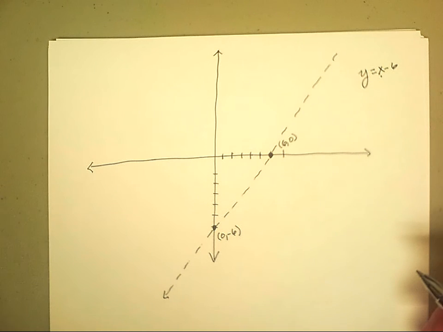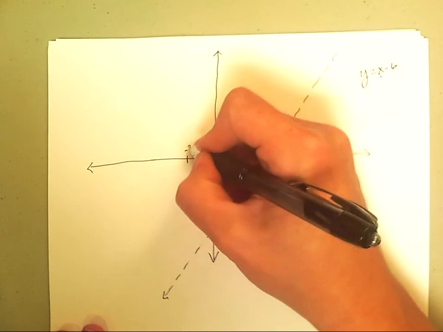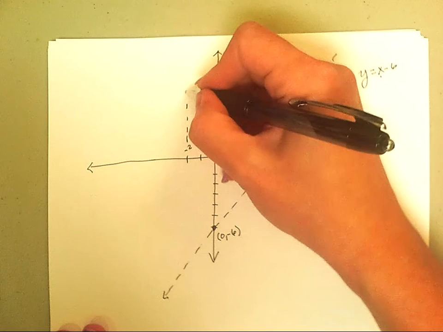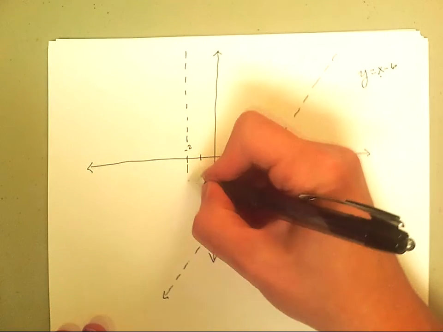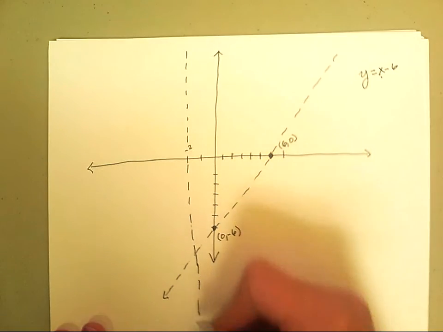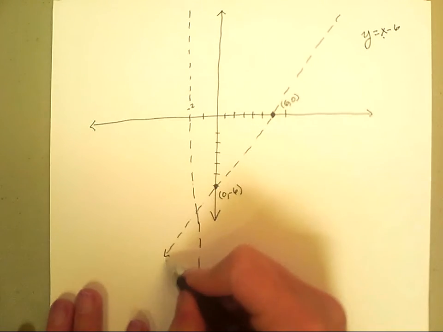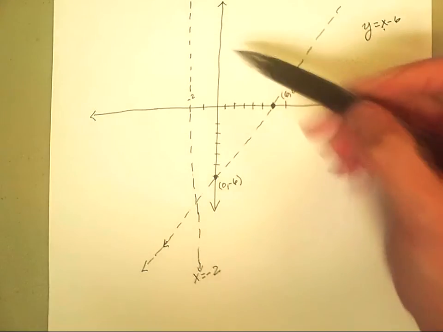Okay. And now, what else do we have? We have a vertical asymptote at x equals negative 2. Okay, so here's negative 2. So this is x is equal to negative 2. Okay. Now when you're sketching these, we'll extend this.